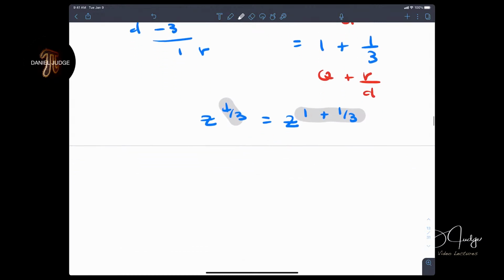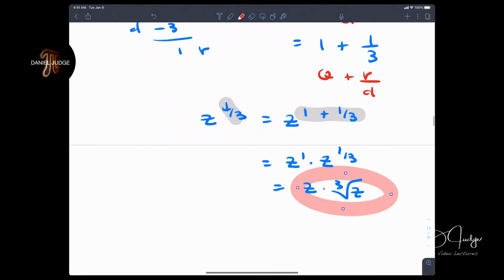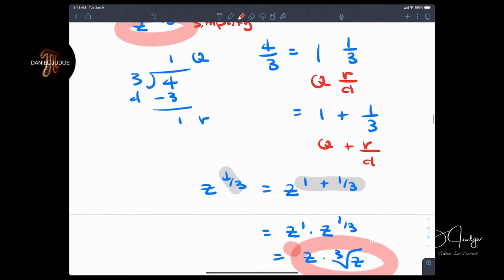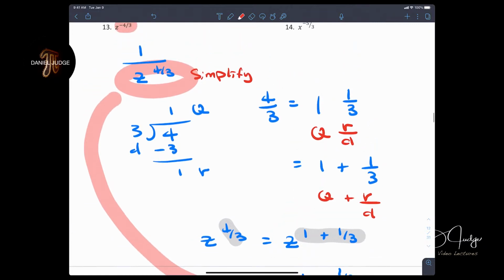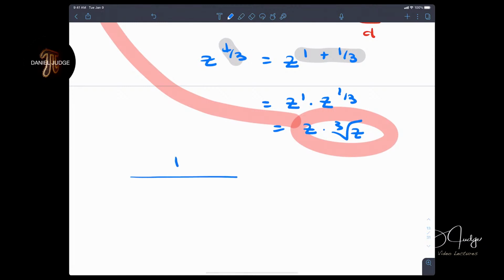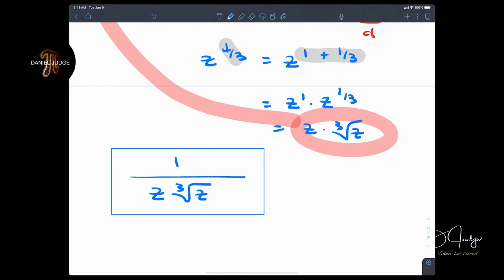Okay, so we wrote it as a mixed number, and now this is z to the first power times z to the 1/3, which is z times the cube root of z. Okay, we're not done though. That's in the denominator position. So your final answer is going to be 1 over z cube root of z. You are done.